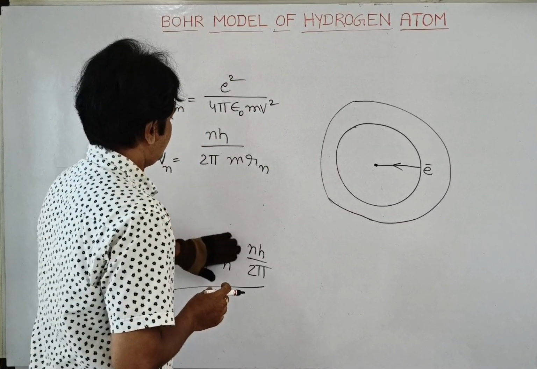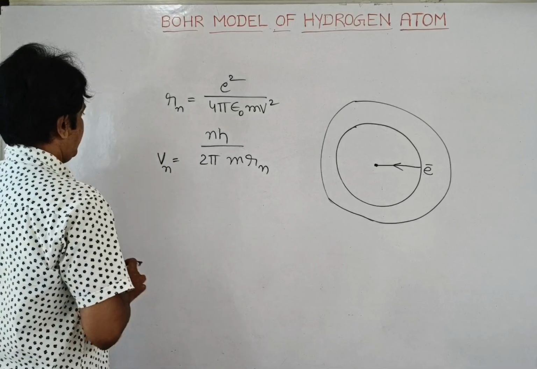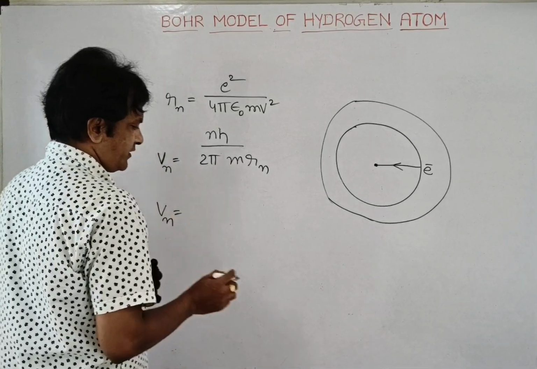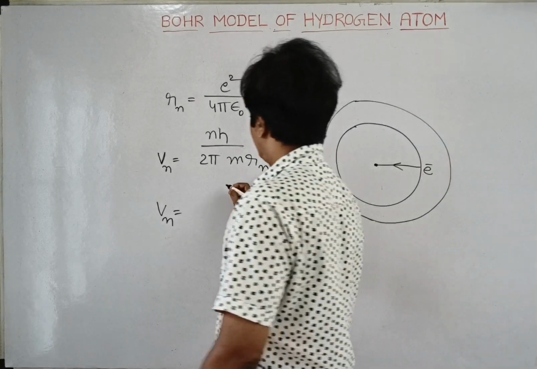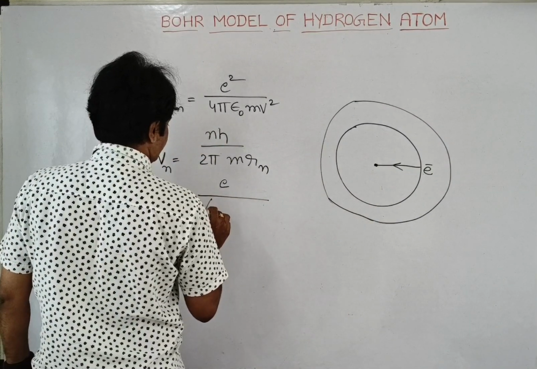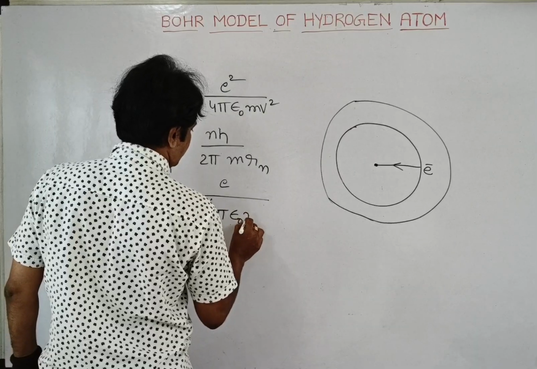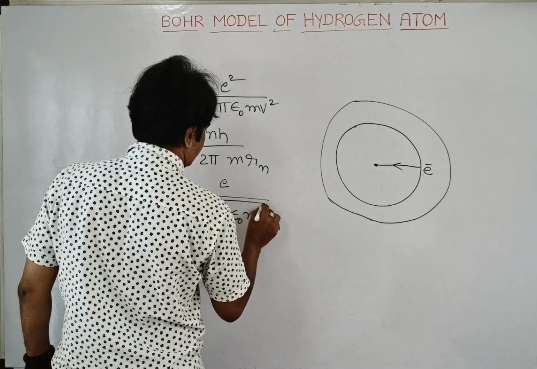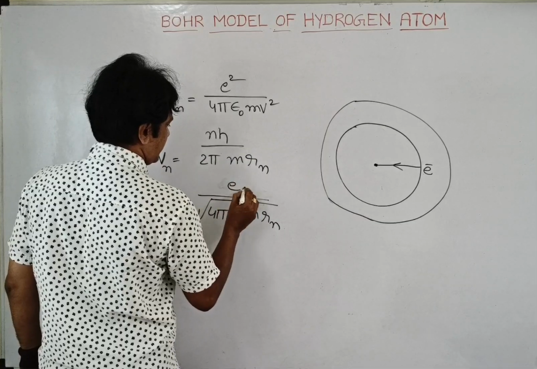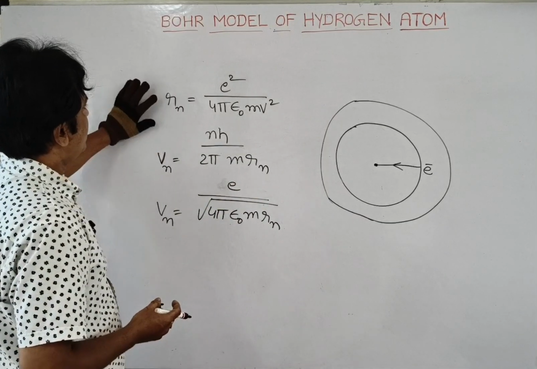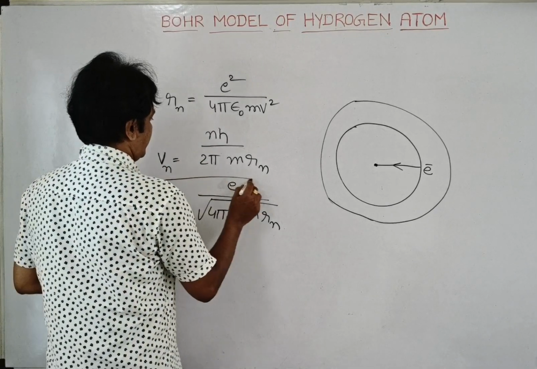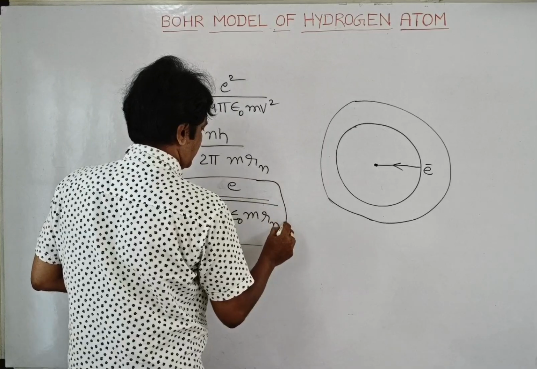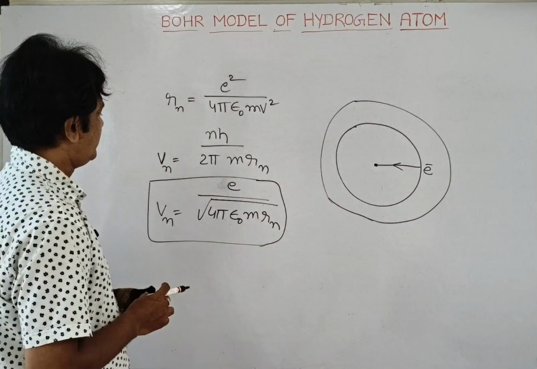If you do that, we will get the Vn value after simplification. The Vn value after simplification is e by root of 4 pi epsilon naught m Rn, where e is the charge of the electron. Whenever you put the Rn value here, after simplification, you will get the velocity of the electron revolving in the nth orbit.